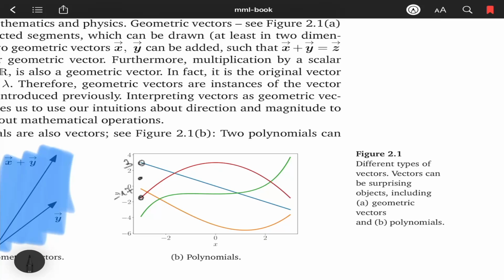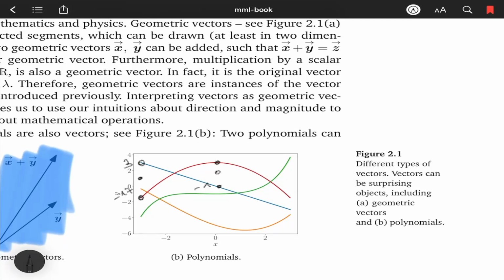For example, at this point in blue we have, say, minus 1, which means this point would shift down. But it makes sense that you can take this line, add the other line, and then you have a new line.